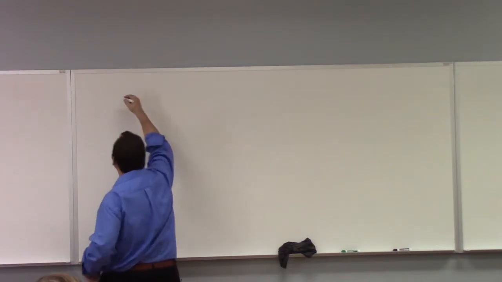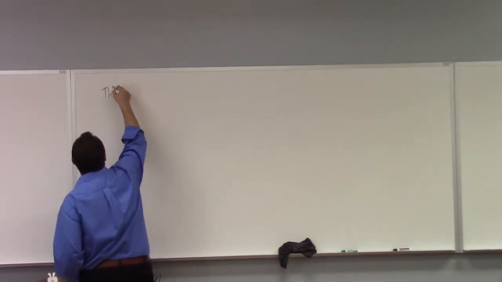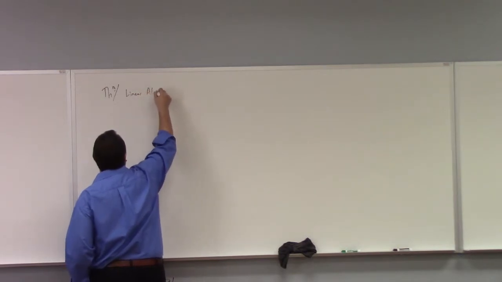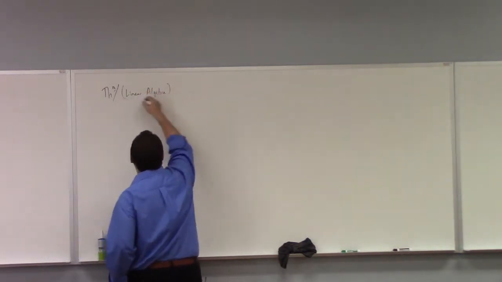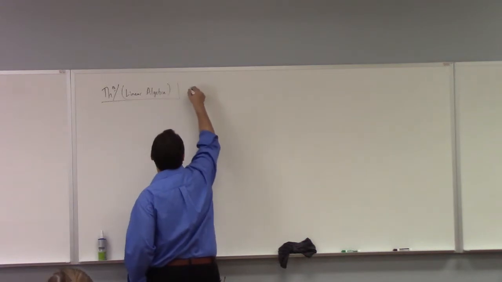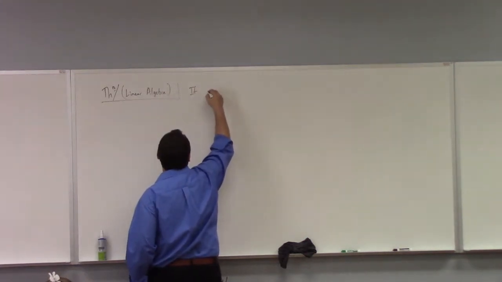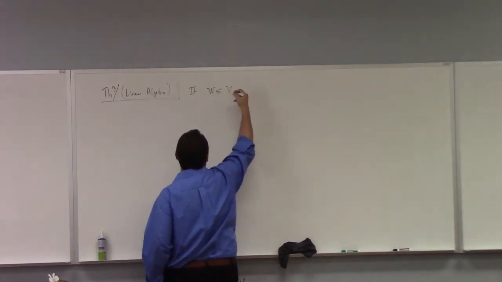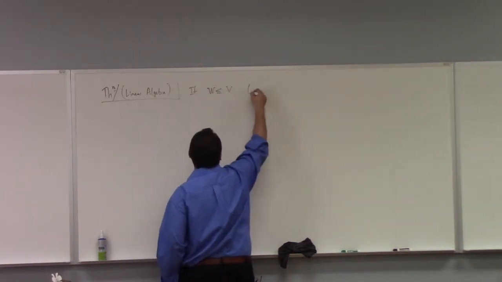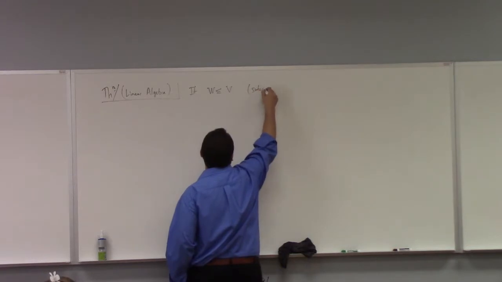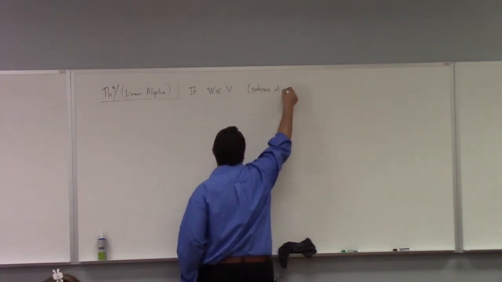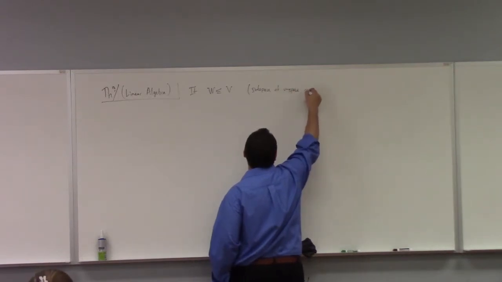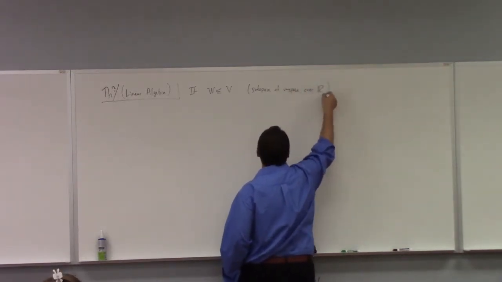Okay, all right. So we had a theorem in linear algebra, and our theorem stated this. If W is a subspace of vector space V, that notation meant subspace of vector space, yeah? Let's say over the reals for the sake of discussion.